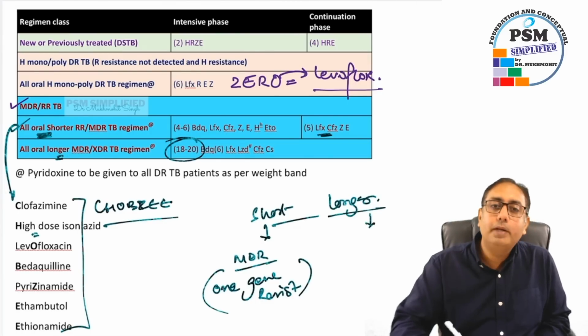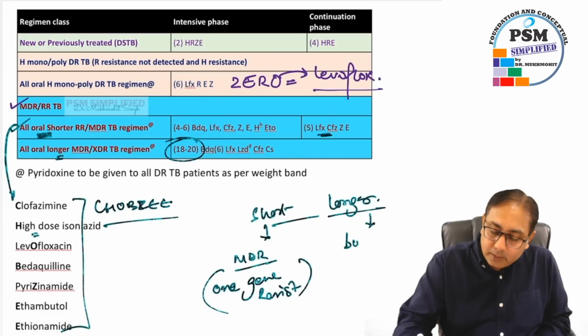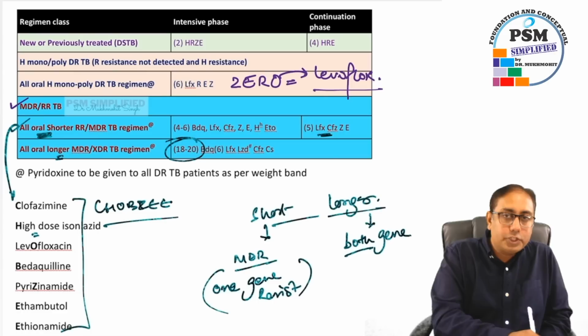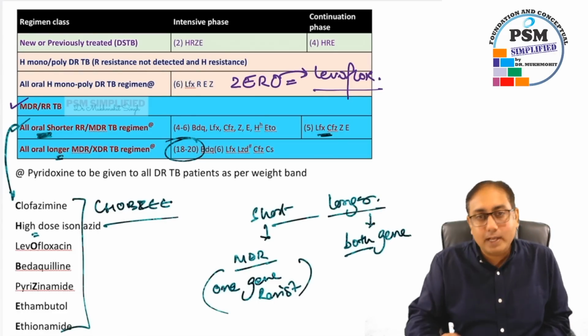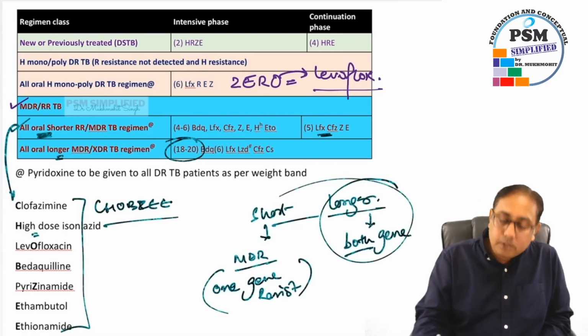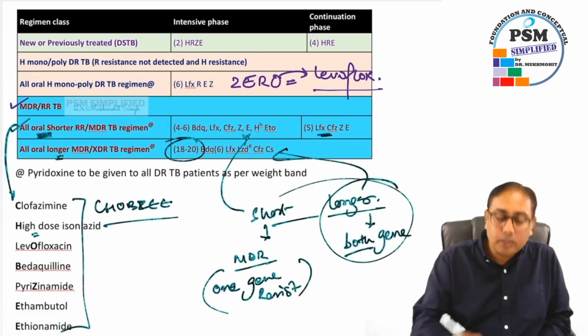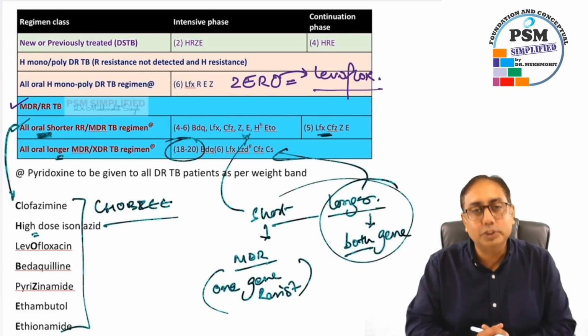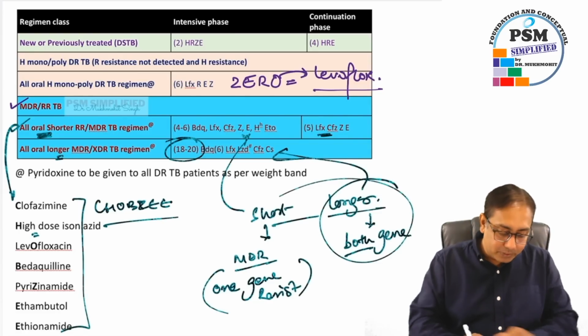When do you give the longer one? In cases where there are both gene mutations, INHA and KatG, for isoniazid I'm talking. So in case there are 2 gene mutations, you need to give the longer one. In case it is shorter, you can give a trial for the shorter bedaquiline-containing regimen.